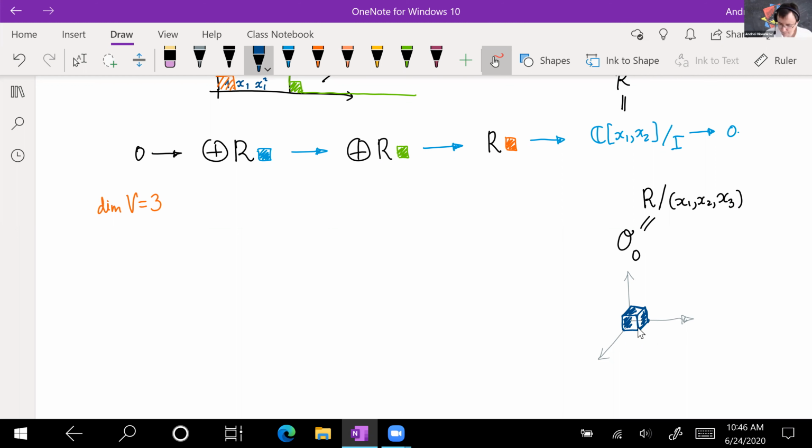And so where would be the generators of the ideal? Well, this is clear.